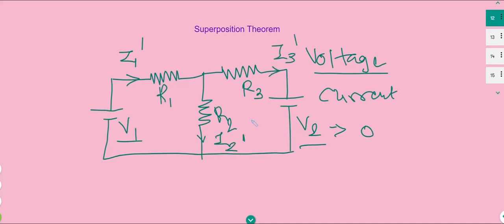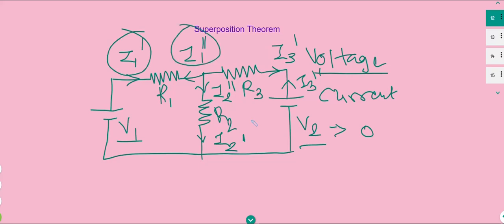In the second case you have in this direction I3 double dash, I2 double dash and I1 double dash. Now for the final current you have to do direction-wise addition, that means algebraic sum. So you have to see all the values, I1 dash and I1 double dash, and which one is greater you have to see.